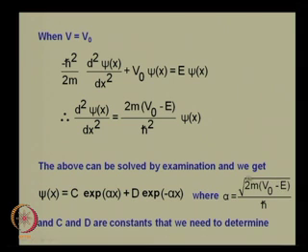In other words, alpha actually has many of the system details in it. The V0 is from the system and ħ is from the system, therefore it contains a lot of system details. So there are not too many things that are unknown out here, except we will try out a range of energies. C and D we have no idea what they are at this point, we will have to find out.